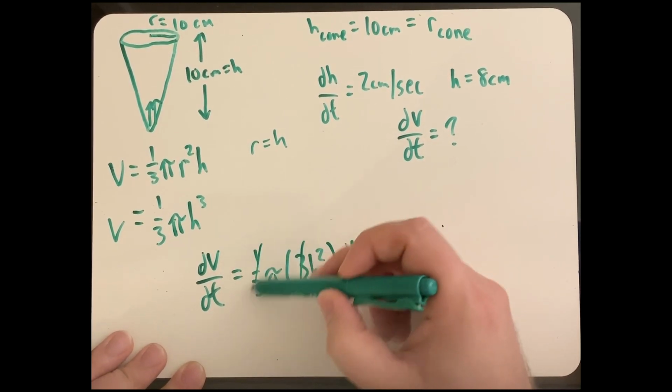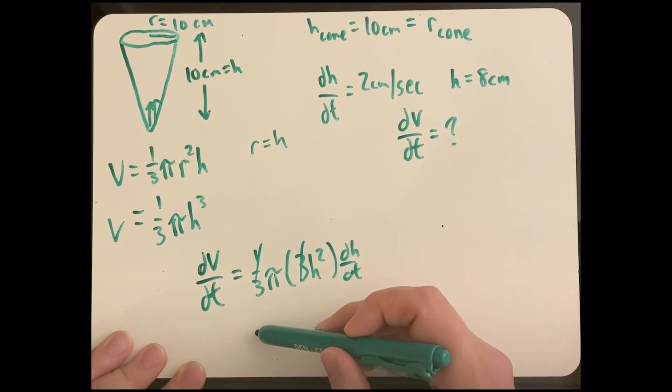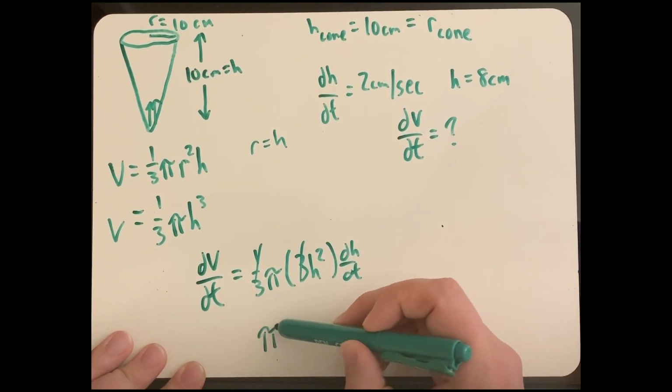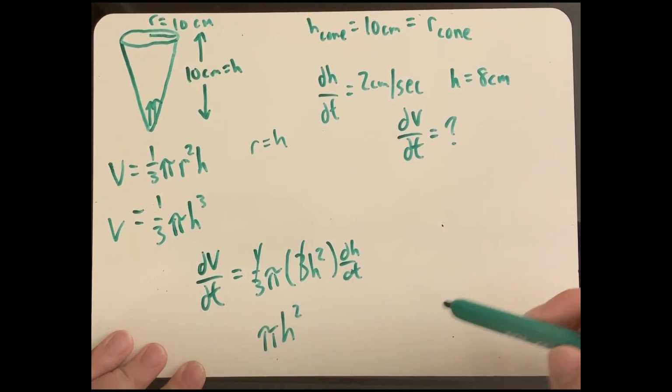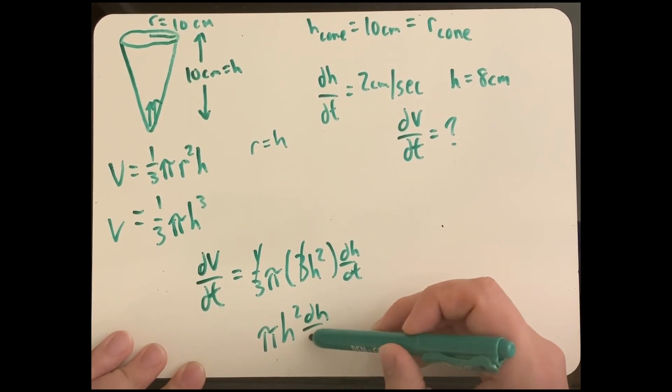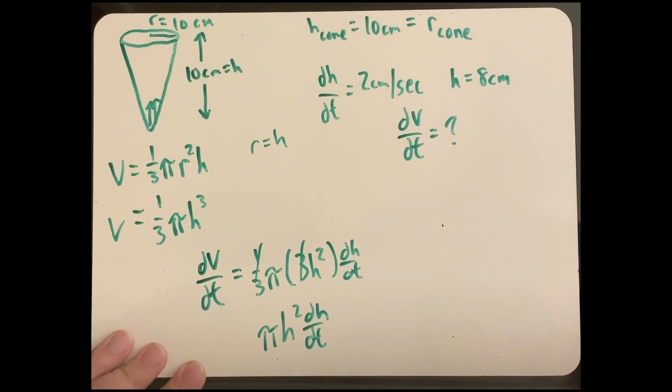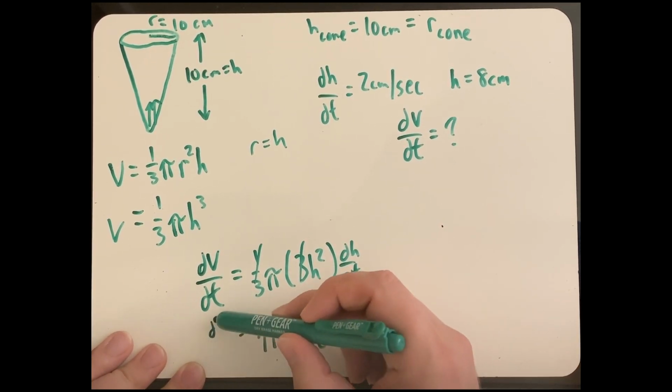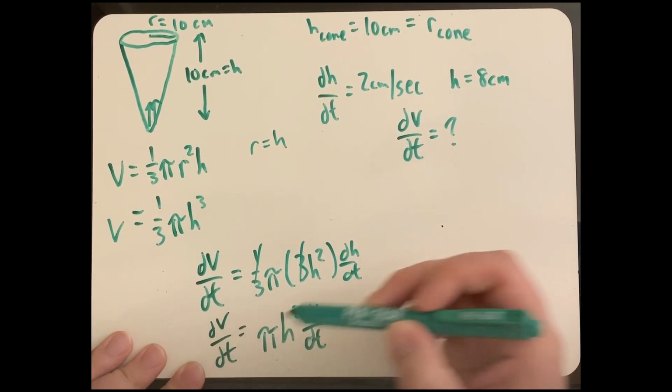Okay, your 3's cancel out, and then you're left with pi h squared times dh over dt equals your dV dt. All right, and then we just plug in.